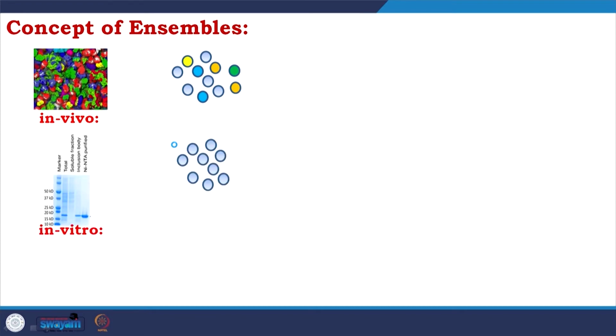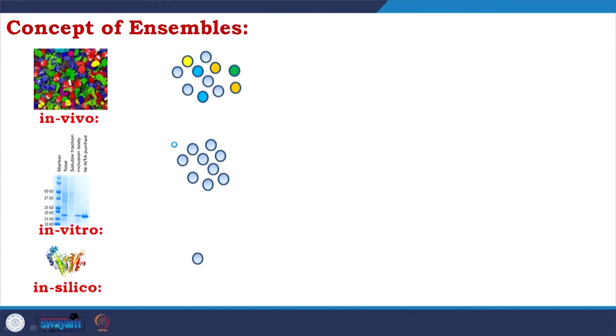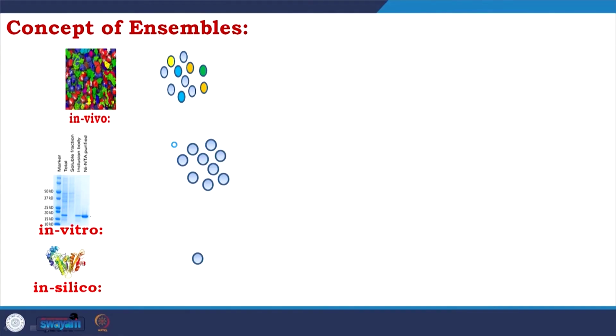Before going into that, I will take you to a previous slide which I have already discussed, the 3 systems: in vivo, where I told you there is a mixture of proteins; in vitro, where you have one protein but in many numbers; in silico, where you have proteins depending on how many you want, one, and second is you have the coordinate information.